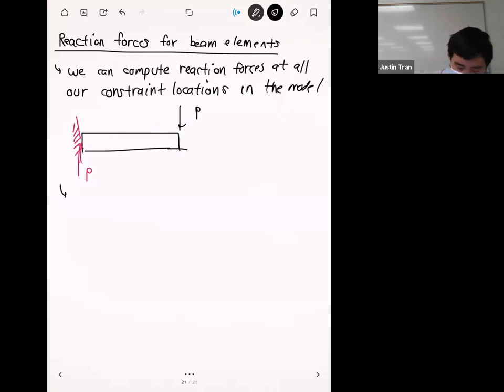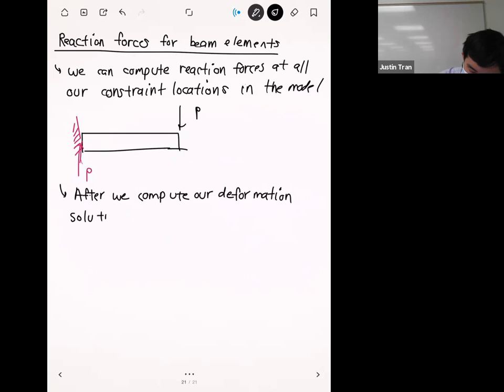And so the way we do this is after we compute our deformation solution, and so basically after we take the last example problem and put it in MATLAB, we can then multiply this by our global stiffness matrix, the one that we had before we applied boundary conditions.